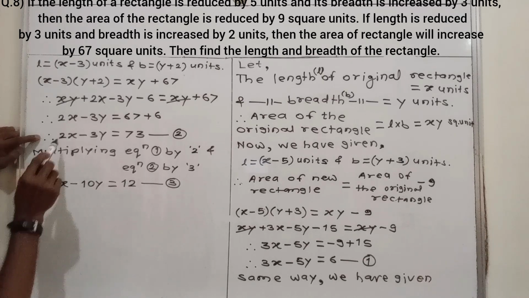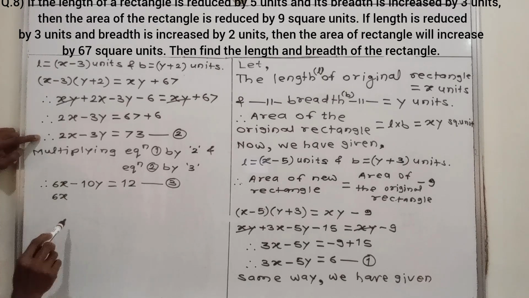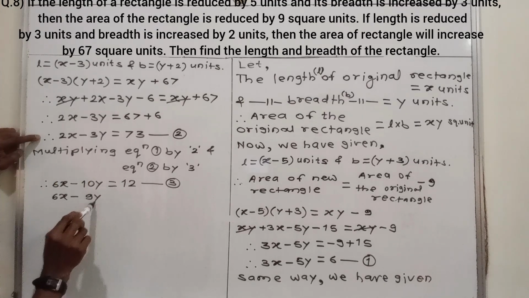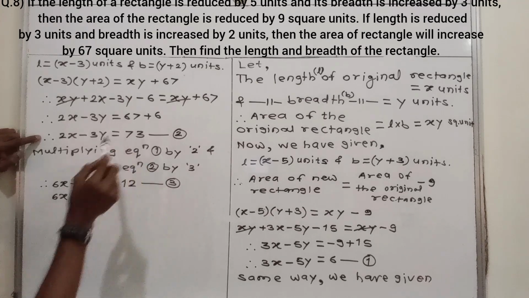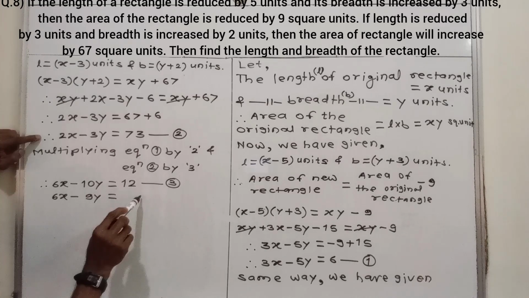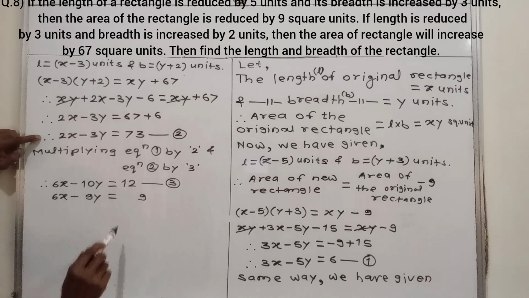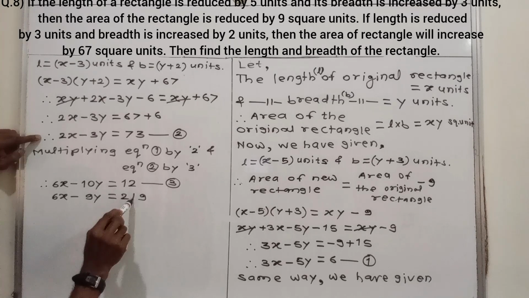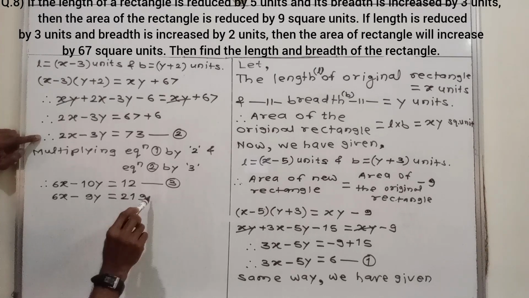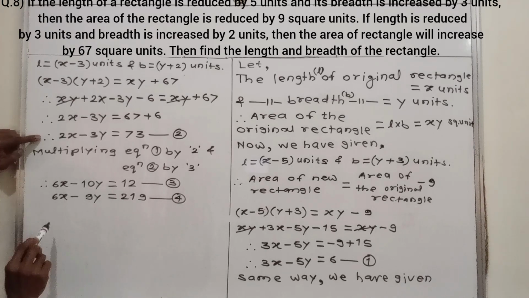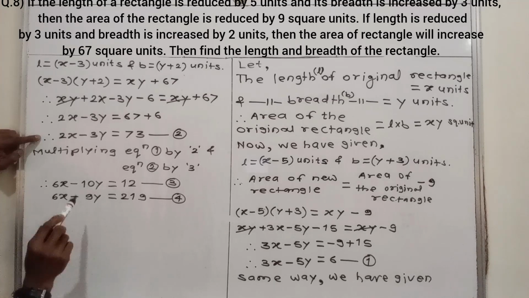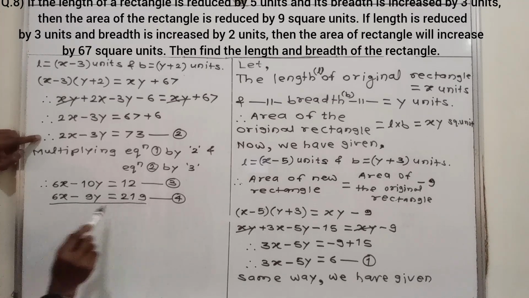Same way we multiply this by 3: 3 into 2x, 6x, minus 3 into 3, 9y, is equal to 3 into 73. 3 threes are 9 and 3 sevens are 21, means 219. Now coefficients are the same or equal, and signs are also the same or equal.